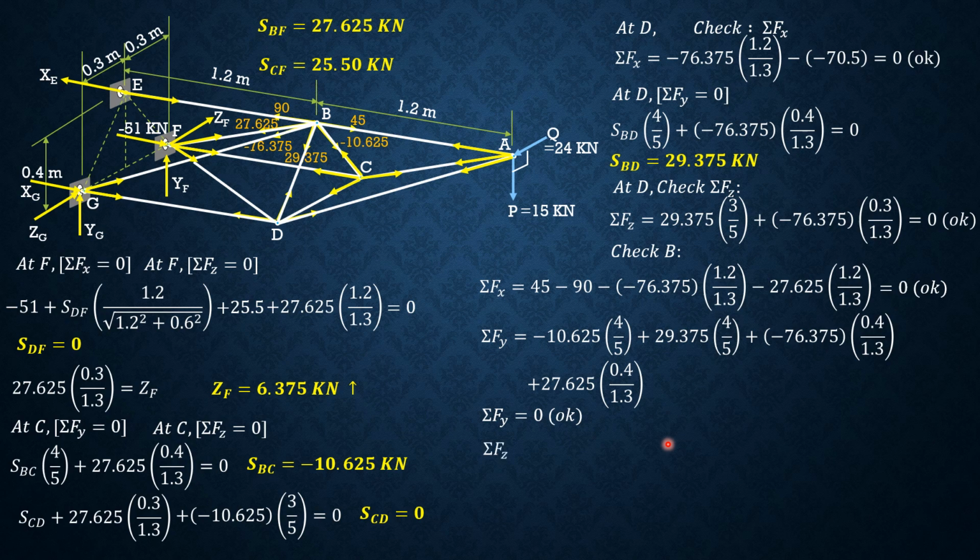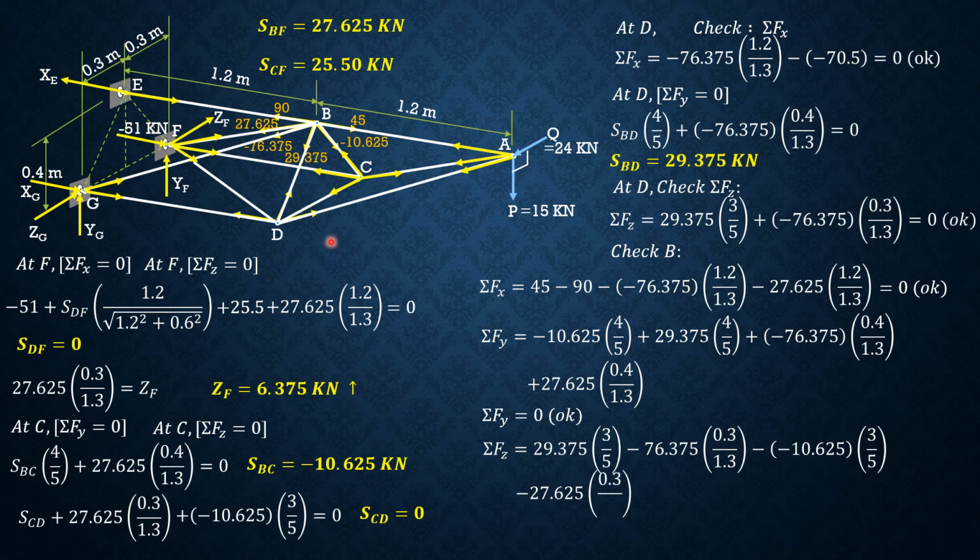Then lastly, summation forces along z equals 0. So 29.375 times 3 over 5 plus negative 76.375 times 0.3 over 1.3, then minus, because this is backward, minus quantity negative 10.625 times 3 over 5, then minus 27.625 times 0.3 over 1.3.